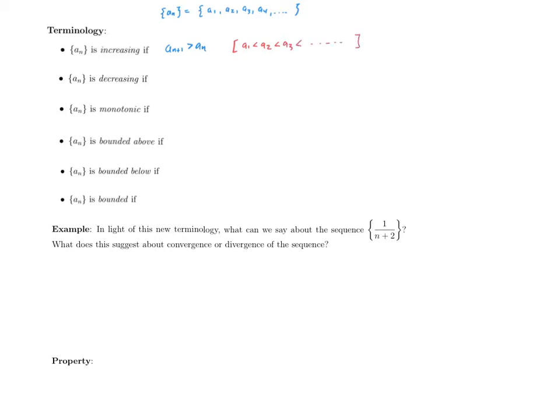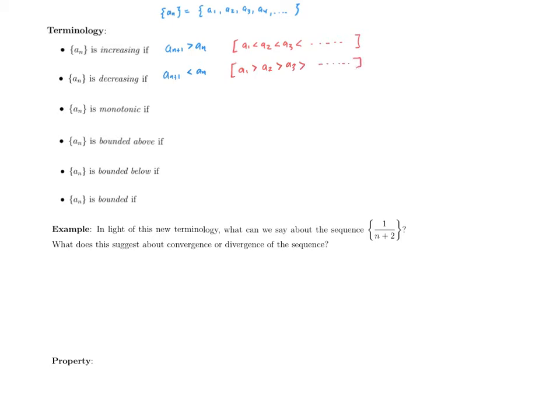So that's saying a1 is smaller than a2 is smaller than a3 indefinitely. Likewise, a sequence would be decreasing if as you move from one number to the next in the list, they're always getting smaller. So if a sub n plus 1 is always smaller than the number in front of it. For example, that would mean a1 is bigger than a2, is bigger than a3, and so on.